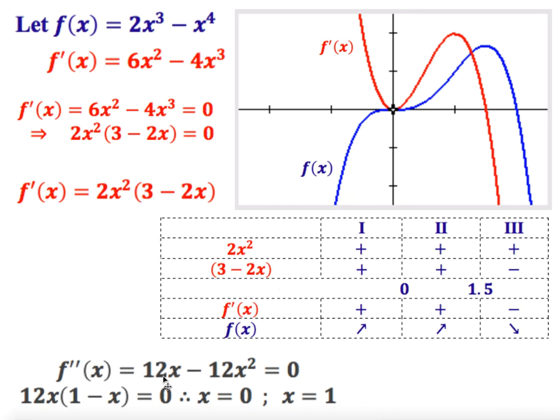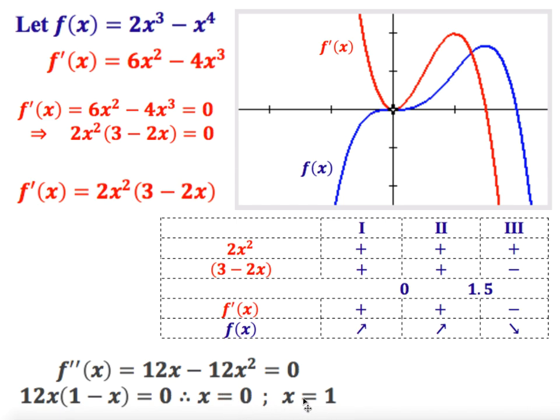If you go a step further and get the second derivative, which going back here is not hard, actually maybe here is better, 12x minus 12x squared, factor out the 12x, and you've got 1 minus x. Set each of these factors equal to 0, you get x equals 0 and 1 respectively. What does that tell you? That tells you that there's a concavity change at 0, and we already saw that, concave down to concave up, even though it was also a stationary value.